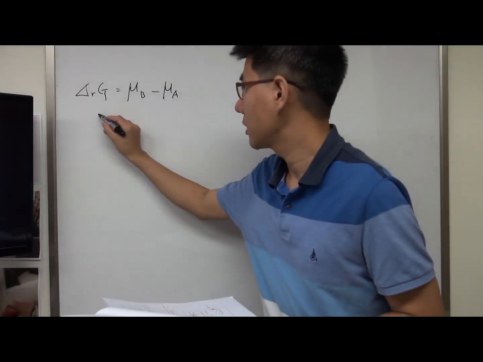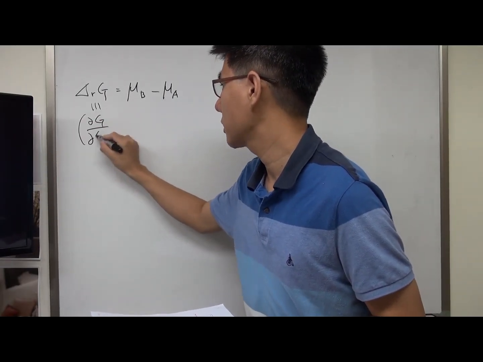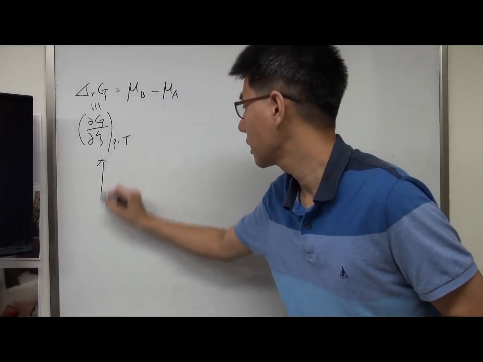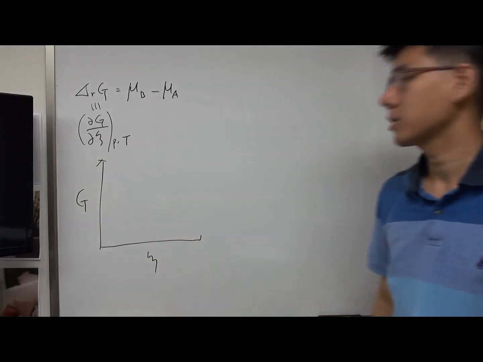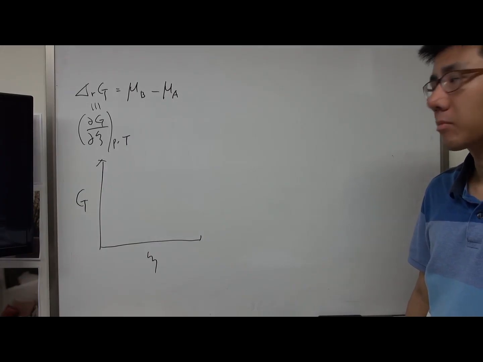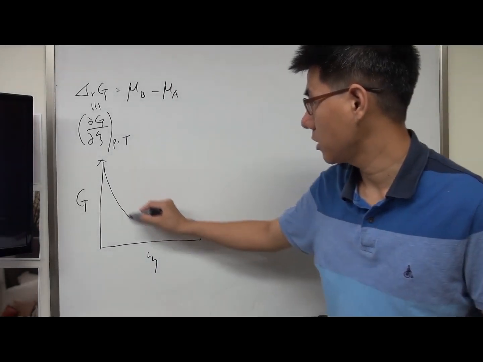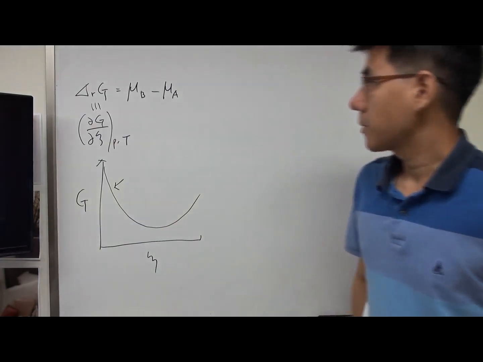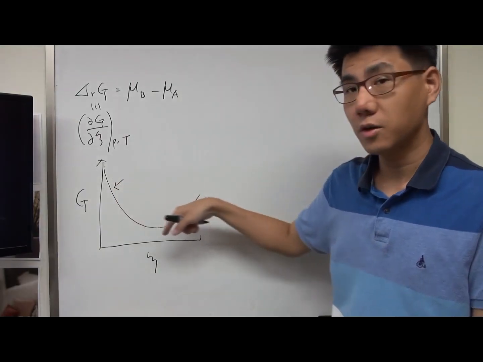So reaction Gibbs energy is defined as ∂G/∂ξ at constant pressure and temperature. If you plot Gibbs energy change as a function of ξ, the extent of reaction, for example, if Gibbs energy changes something like this, on this region ∂G/∂ξ means the slope of this curve, right?